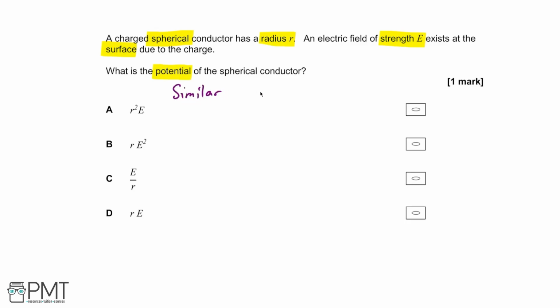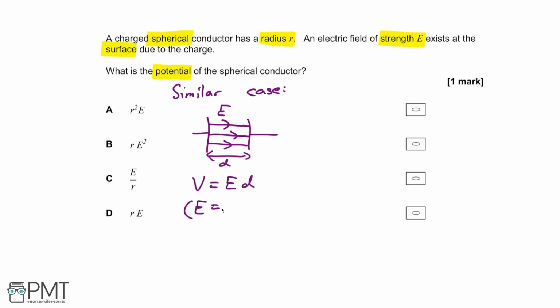A similar case is the parallel plate capacitor, or rather when I have two plates like this, and I set up an electric field between them. That would be a uniform electric field of E, and the plates are separated by distance d. Then we know that the potential difference V is equal to E times d, or this comes from the equation E is equal to V divided by d.